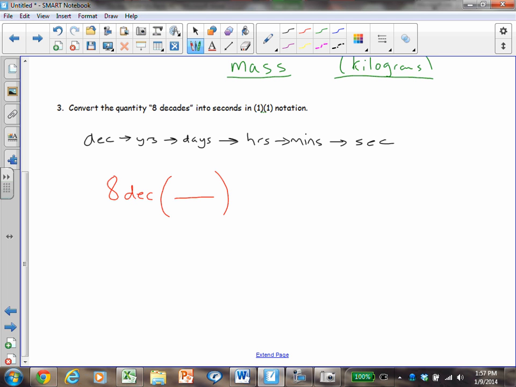Decades on the bottom. Because what has to happen, Aiden? It has to cancel, right? So what is it? Now I know I could just fill it in. 10 over 1, right? I put 1 up there, sorry. 10 over 1.